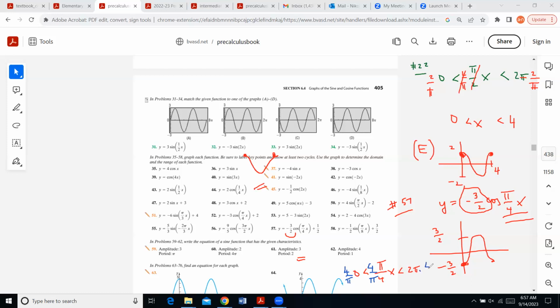So I put 4 over pi then. And then I'll be able to see that my x is in between 0 and looks like number 8, right? Because 2 times 4 is 8. Okay, 8 is here. What else? 1/2.